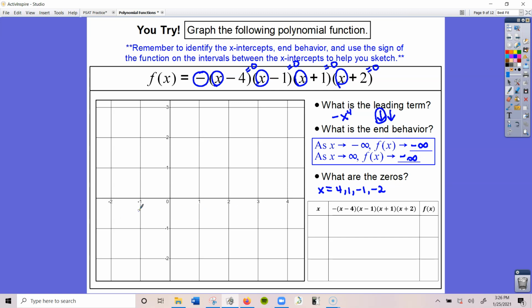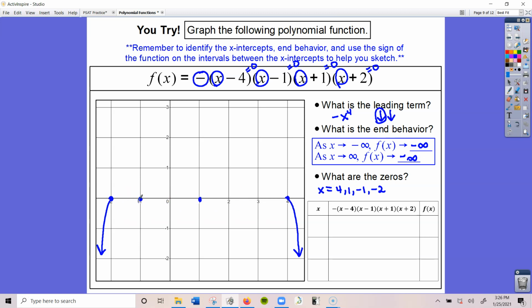So I'm going to go ahead and plot these x-intercepts. We have 4, 1, negative 1, and negative 2. My end behavior is down and down. And now I'm going to pick values in between each x-intercept.